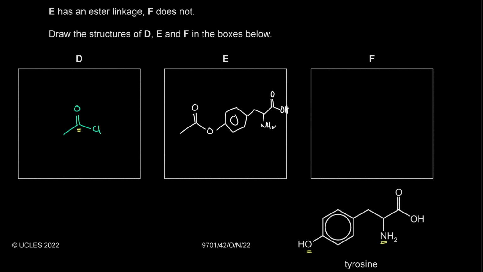So over here, we have the C double bond O from the acyl chloride, and this will bond to the nitrogen, which will now become an NH. This NH is bonded to a carbon that's bonded to a CO2H.